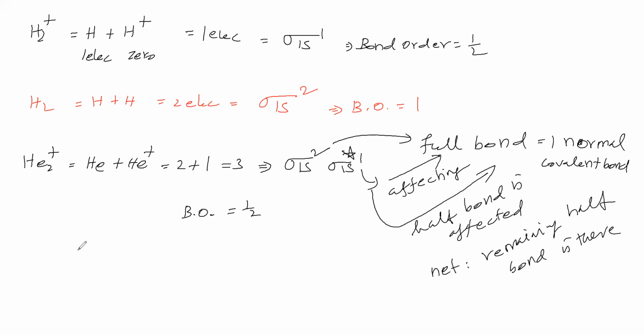So how to find bond order? We write the number of electrons in bonding molecular orbitals minus the number of electrons in anti-bonding molecular orbitals, divided by 2.